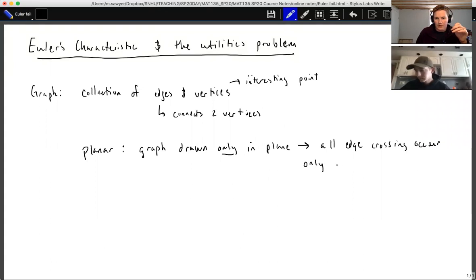So we don't have any overlapping edges unless they occur at a vertex. If we have a graph where it looks like two things are crossing, it has to happen only at a vertex.